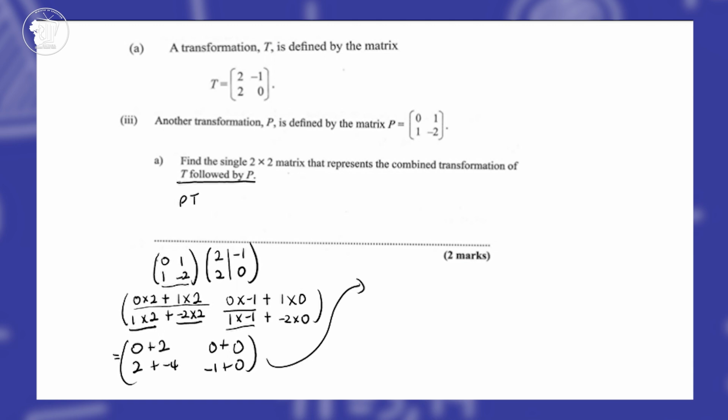Hence this simplifies to 0 plus 2, that would be 2. 0 plus 0 would be 0. 2 plus -4, like 2 minus 4, would be -2. And -1 plus 0 would be -1.